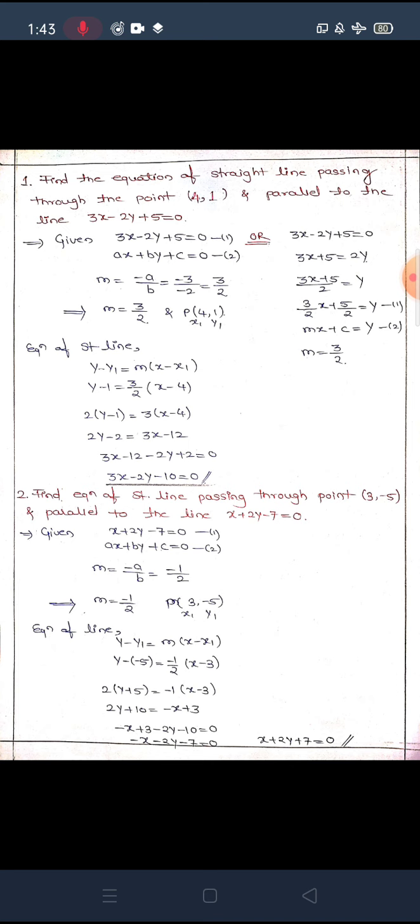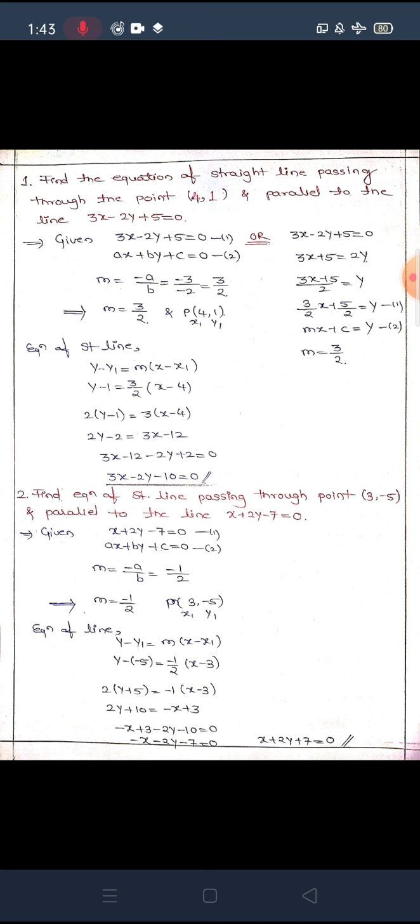Now 2 into y is 2y plus 10, minus x, minus into minus is plus, 1 into 3 is 3. Now bring all the terms to the RHS. That is minus x plus 3 minus 2y minus 10 is equal to 0.